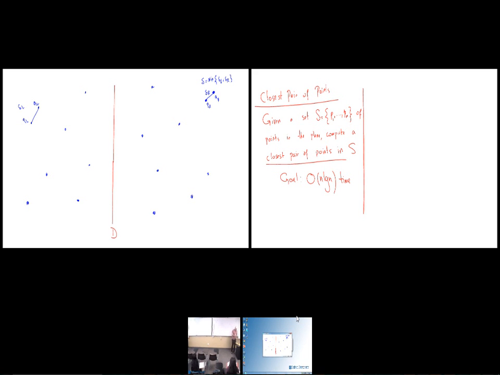So if we take distance smaller, again this delta in this case is going to be this here. So if you take distance delta from here, this is delta from here, so let's say this is delta.